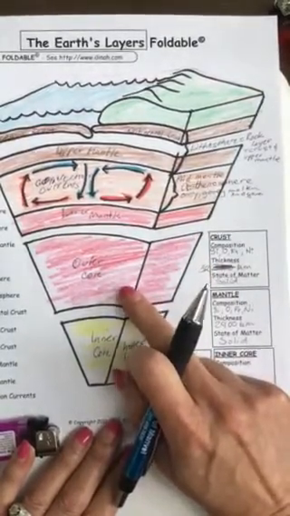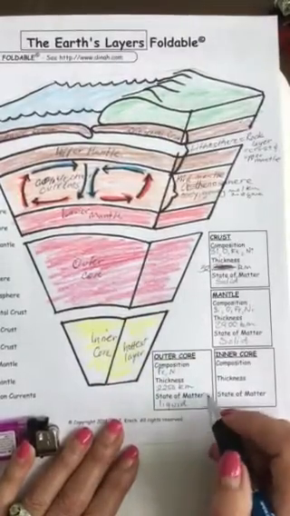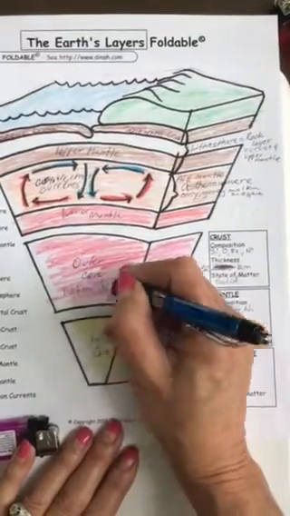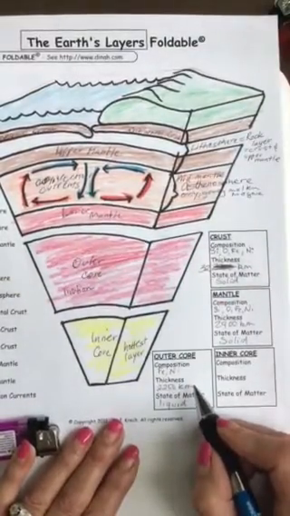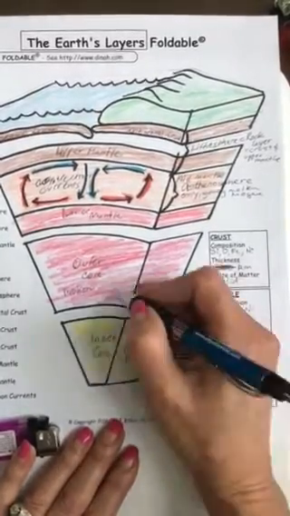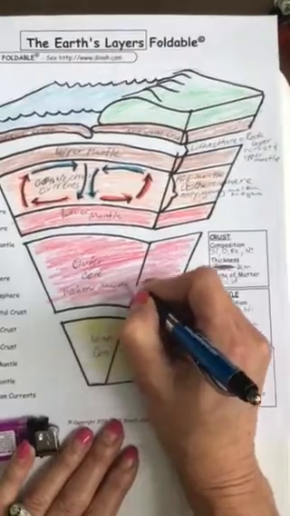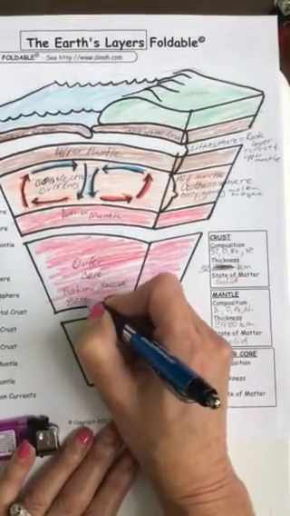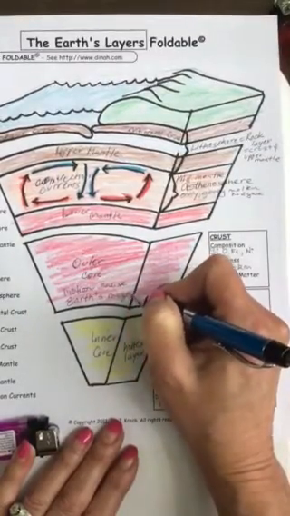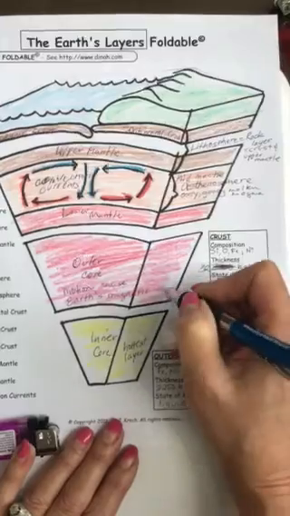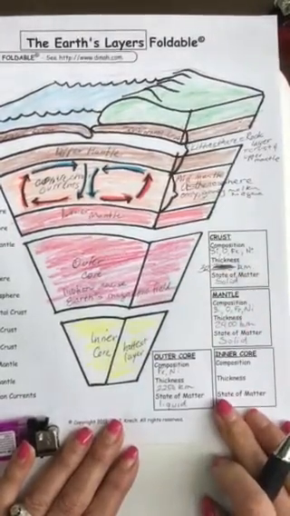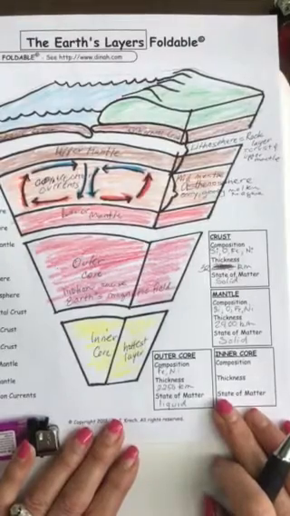And due to this motion, it creates Earth's magnetic field. So motion, because it's made up of iron and nickel mainly, causes Earth's magnetic field. So around the Earth, the magnetic field that shields us from a lot of different things from the sun is down here. That's the reason.